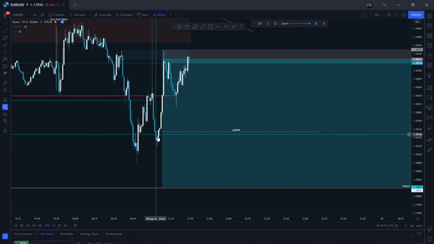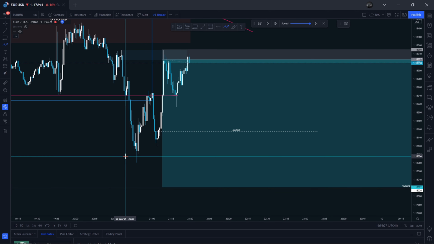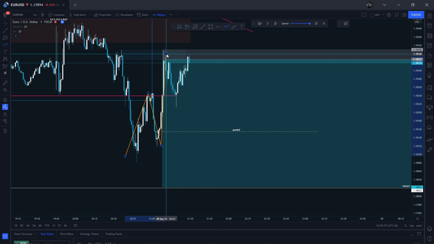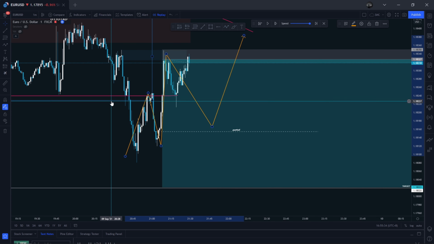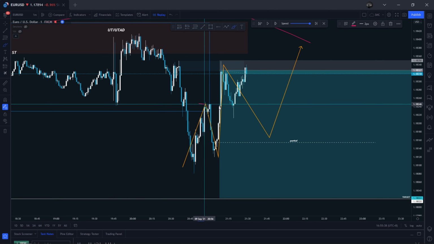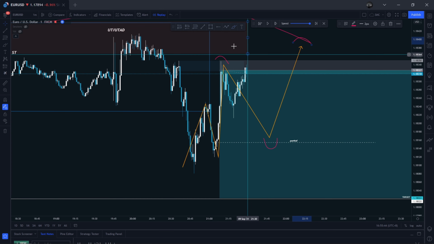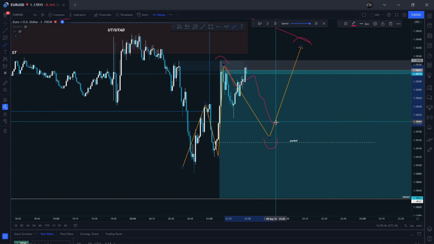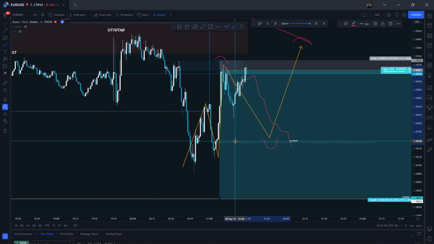Again, why did I mark this as the partial zone? Because if you look at a certain structure, price could do this. It's the same thing we did over and over. Since it broke this structure, we're expecting a higher high, a higher low, then another higher high. So price could either touch my partial, then I'd save some money.